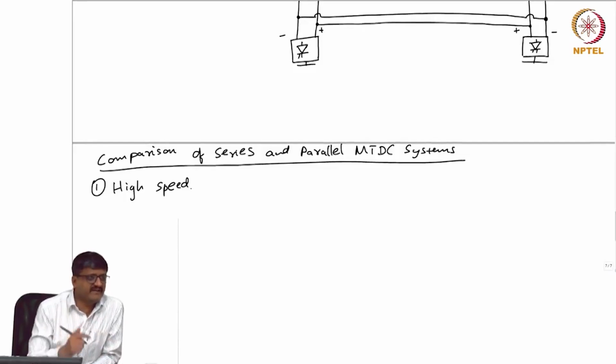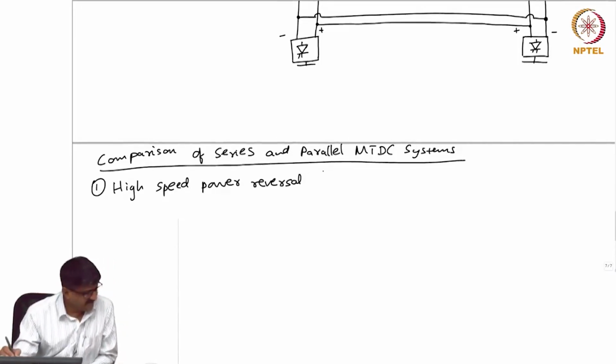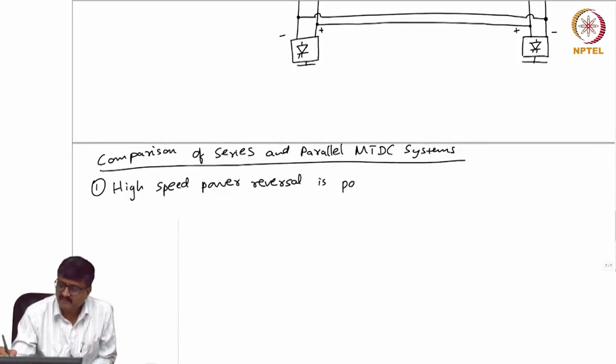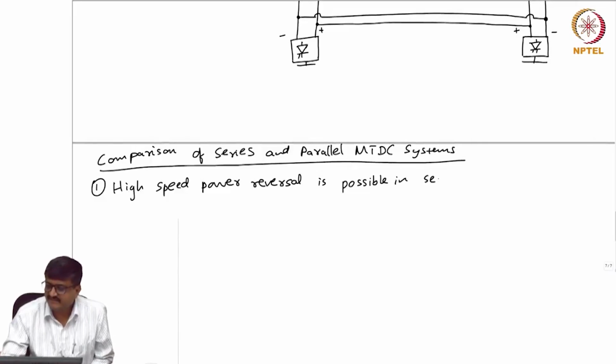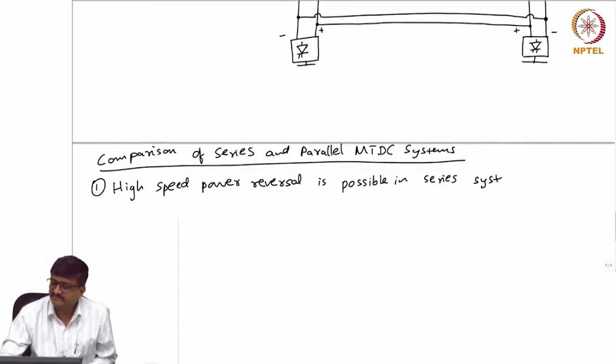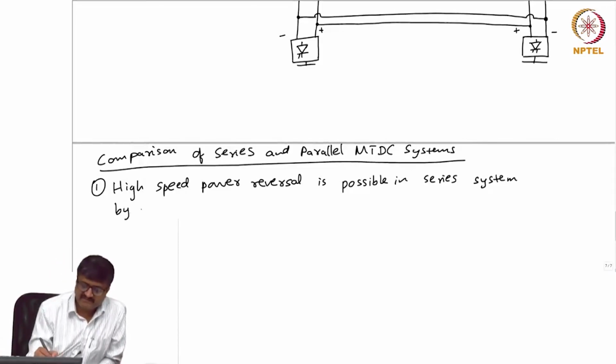In the next cycle, I can make it an inverter. Okay. So, high speed power reversal is possible in series system, series MTDC system, by reversal of DC voltage.